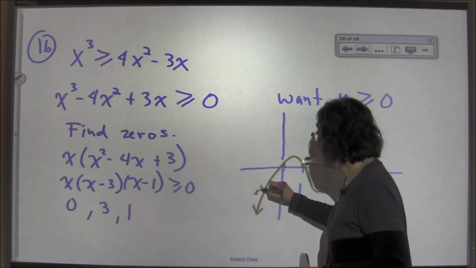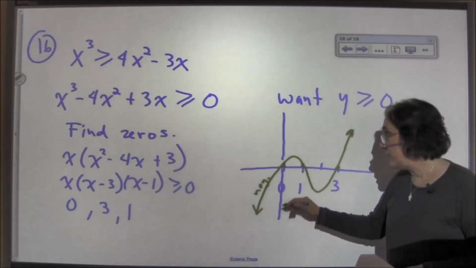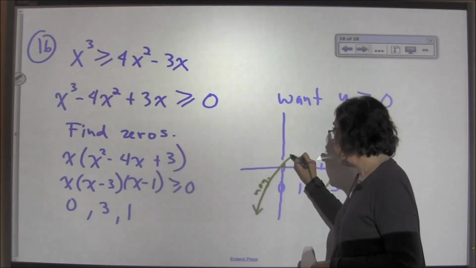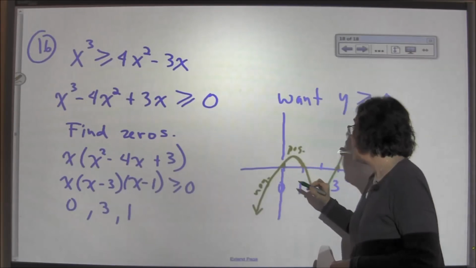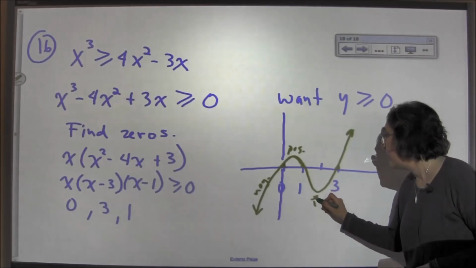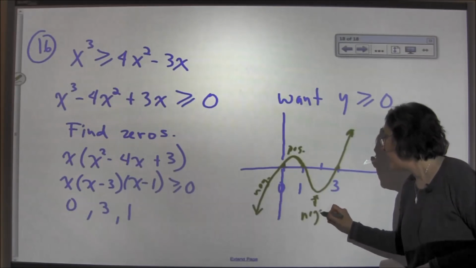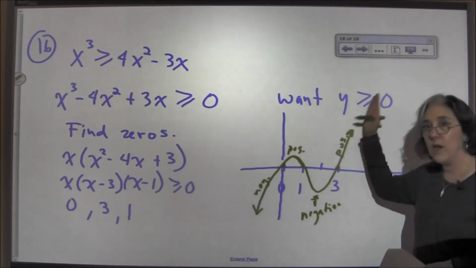These are negative y's because we're below the x-axis. These are positive y's up here. This piece right here is positive. This piece down here is negative. Negative y values. And then over here, it's positive again, forever.